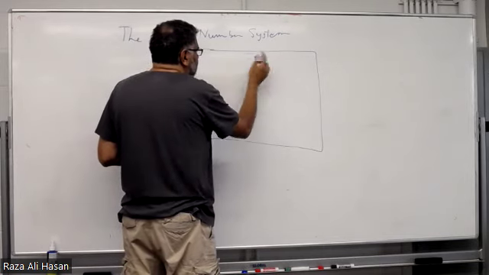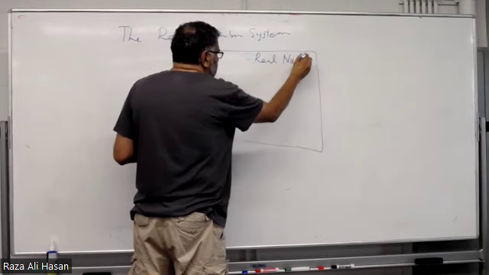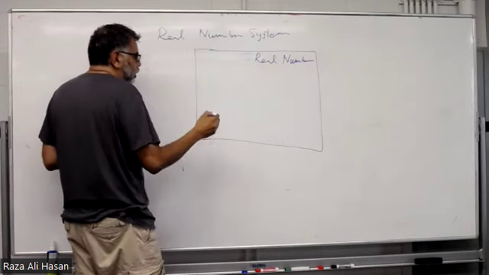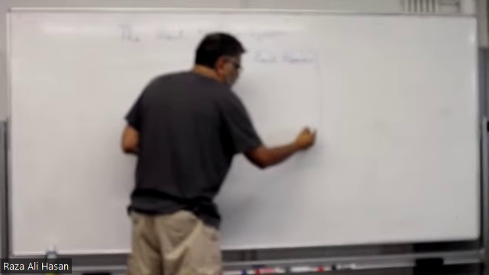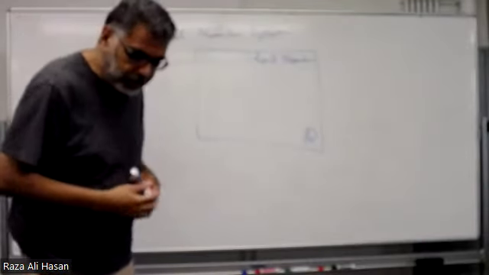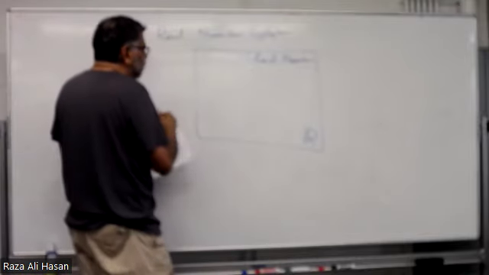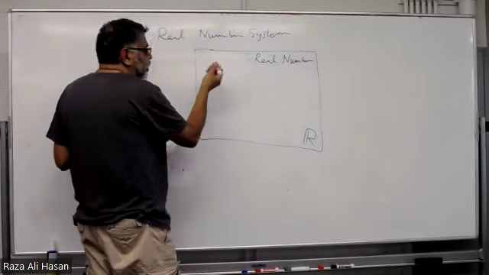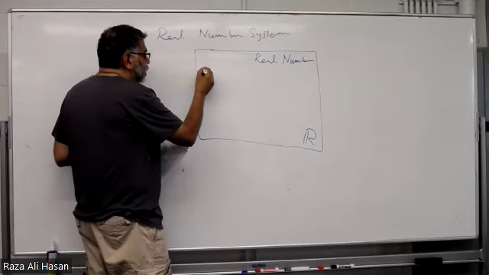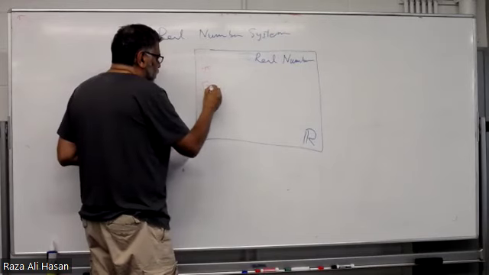Actually, I'll just put in real numbers. And the notation is... and the kind of numbers you find in real numbers look like this. You'll have the irrationals. Here's an irrational. Here's another irrational.